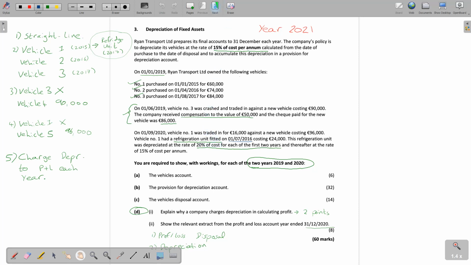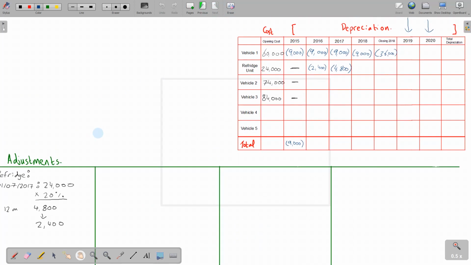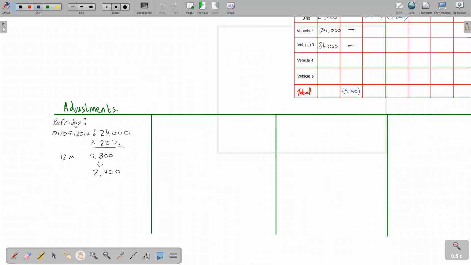So we only have 6 months here, that's 2016. Then in 2017, it's 4,800.